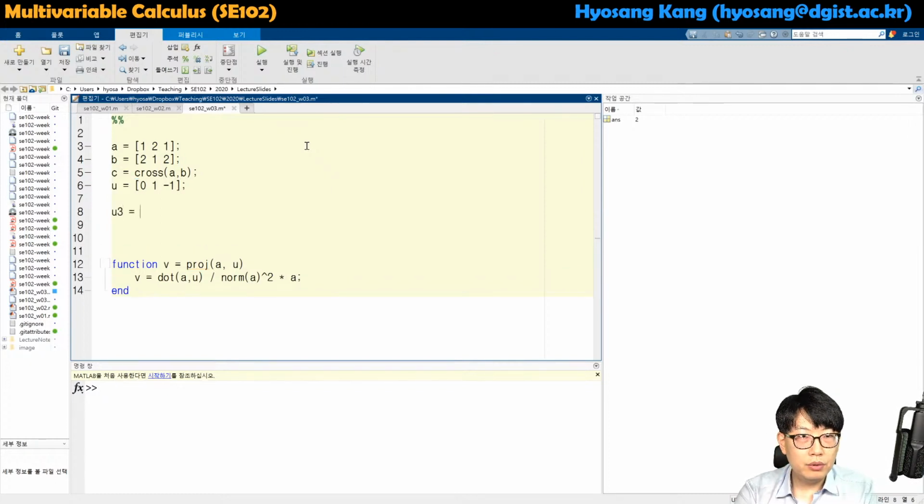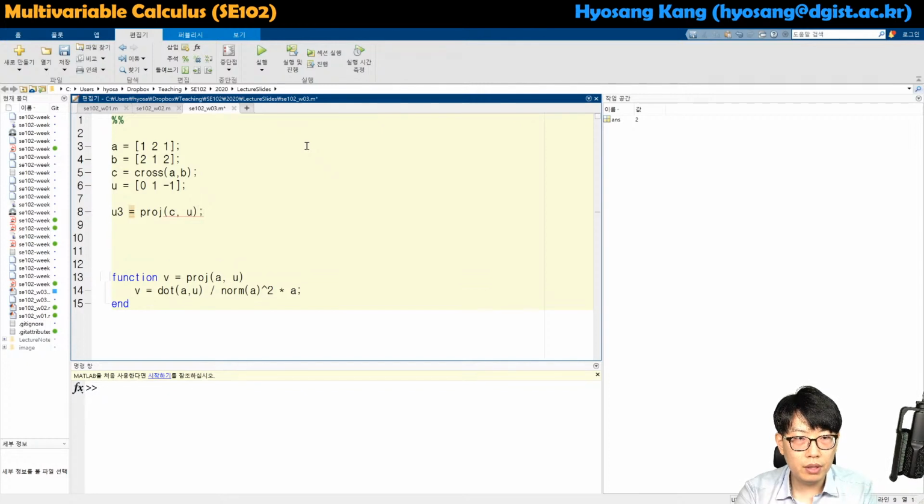And U3 will be the projection of U onto A cross B, which is C. So this is our U3, and U prime will be U minus U3.